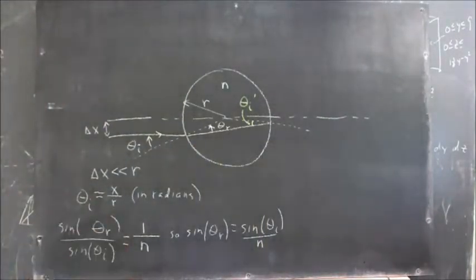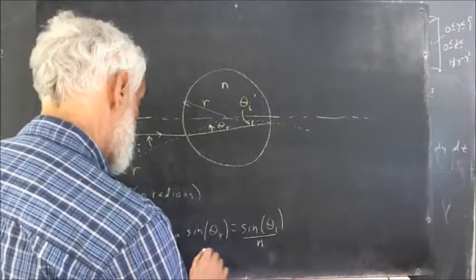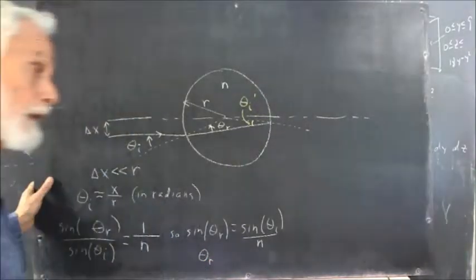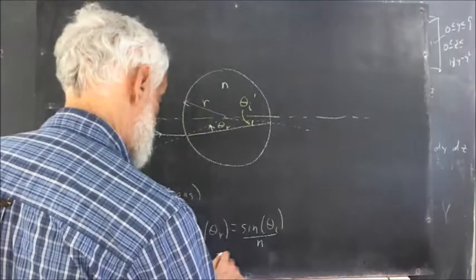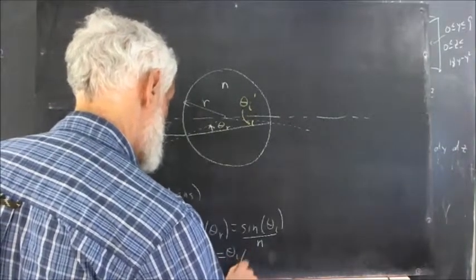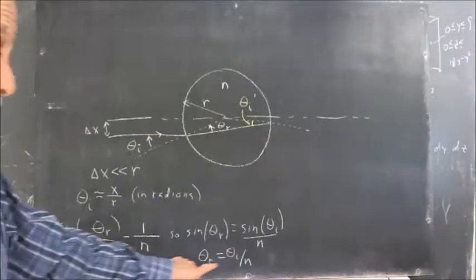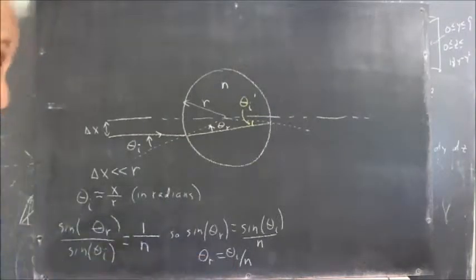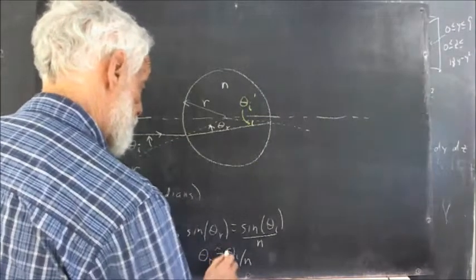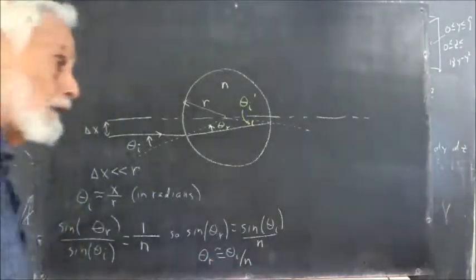Now we go to the small angle approximation. The sine of theta sub r for a small angle is just theta sub r, again considering the angles to be in radians, and sine of theta sub I is just theta sub I. So we have theta sub r is approximately equal, and this is a very good approximation, to theta sub I divided by n.